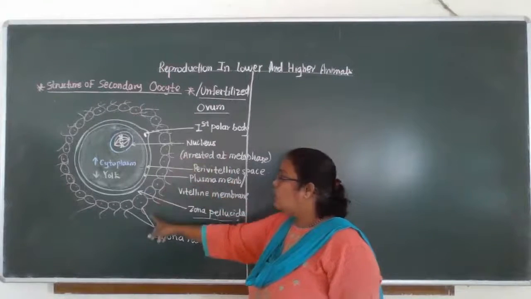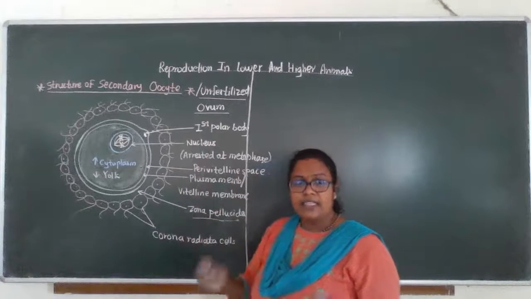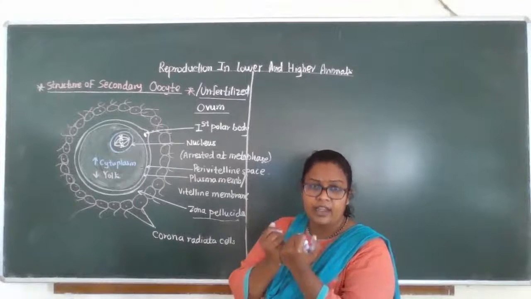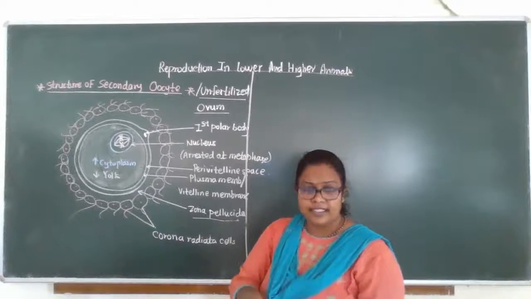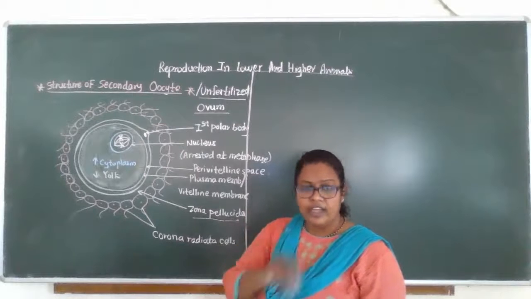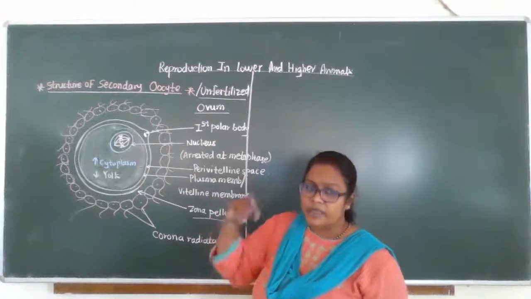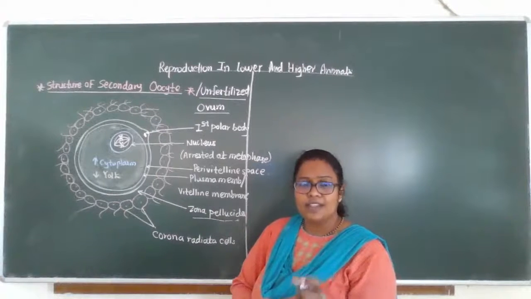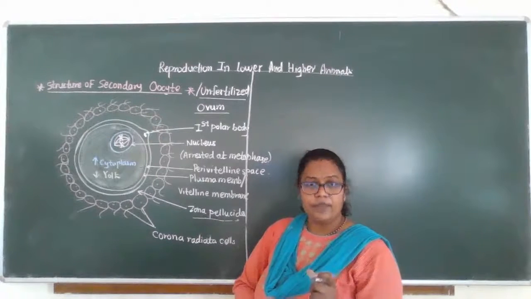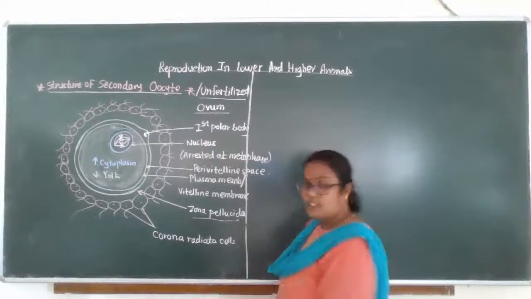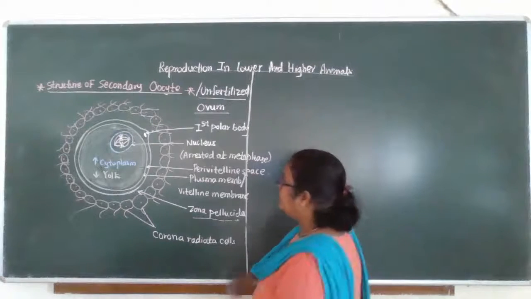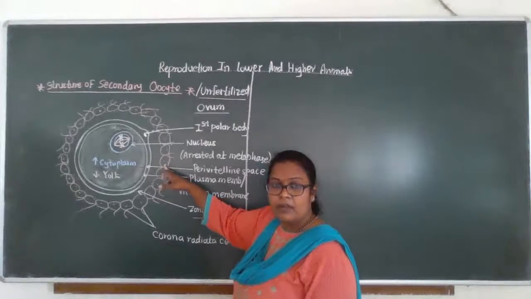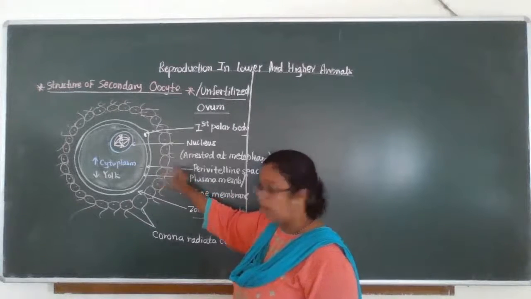So this is the corona radiata layer, and these cells are glued to each other by hyaluronic acid, and only the hyaluronidase enzyme, which is present at the acrosomal cap, is able to dissolve this hyaluronic acid. Clear? And it is very specific. So who glued this? Hyaluronic acid.